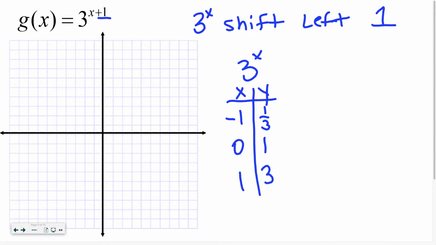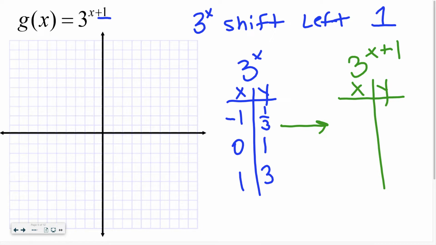But if we hadn't just graphed it, I would suggest writing this table of values down, okay? It doesn't take us much thought, all right? Those are pretty quick values. And then what we can do is we can say, all right, well, to get 3 to the x plus 1, we need to shift those left 1.